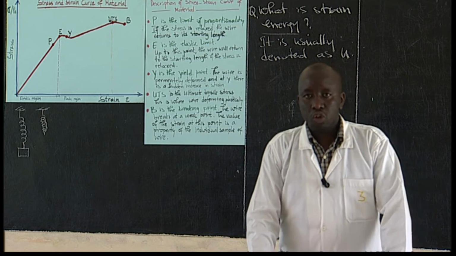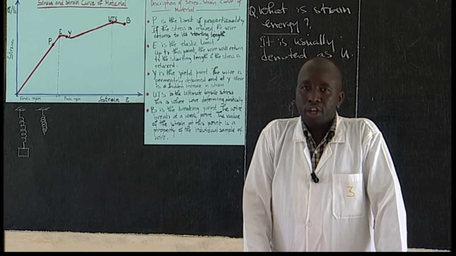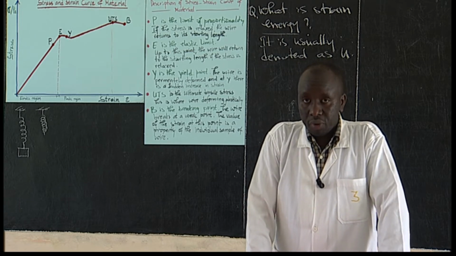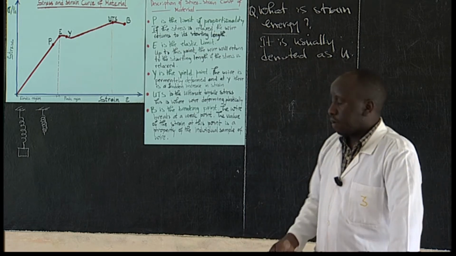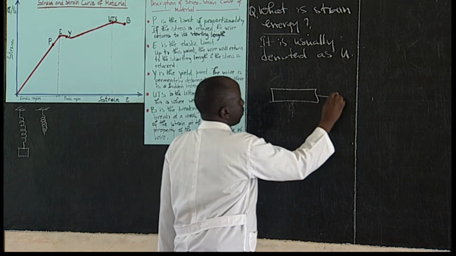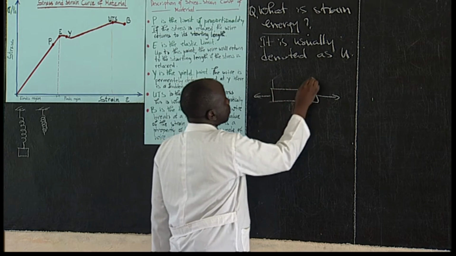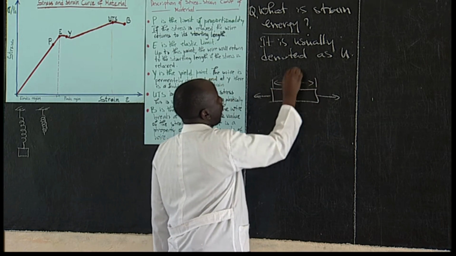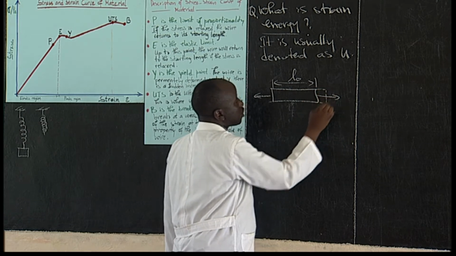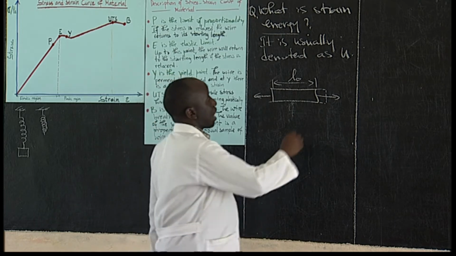Remember, we consider a metal bar, and then a force that is exerting on it. That is the stress that we're seeing now. The metal bar has a length L0. But when you exert this force, it is stretching, increasing the size.